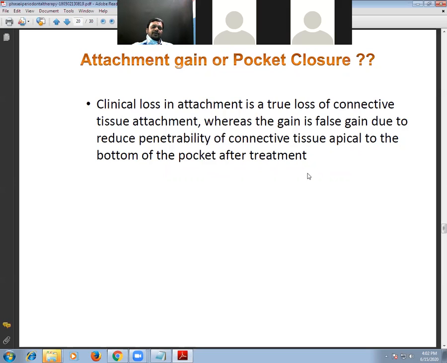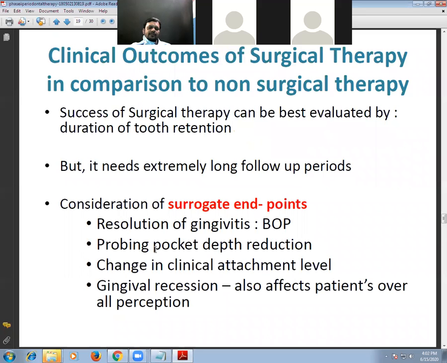Because after periodontal treatment, the inflamed pocket lining becomes more fibrous, so the penetration of your periodontal probe doesn't occur. So there is usually a misconception that after periodontal therapy, attachment gain has occurred. This doesn't occur, but the tissue is more fibrous.